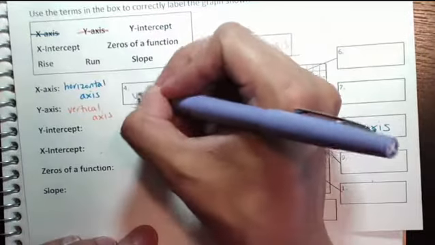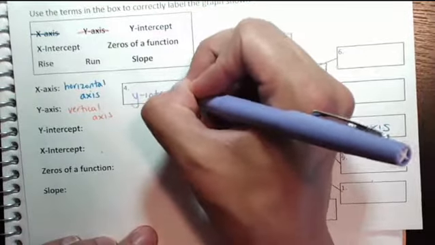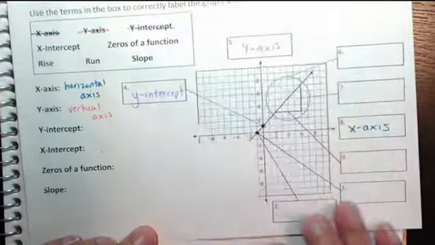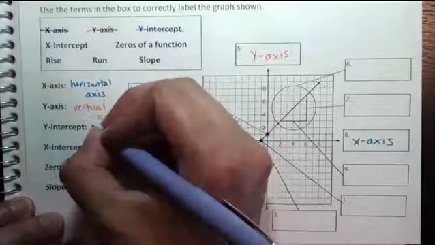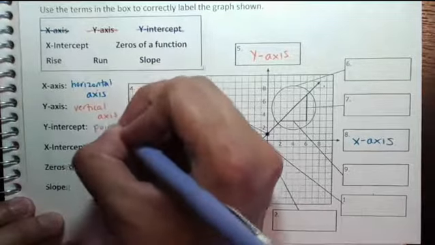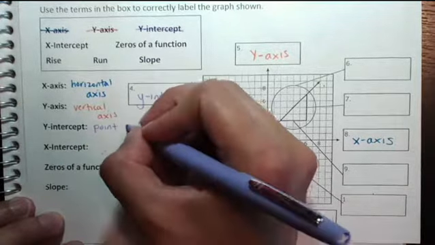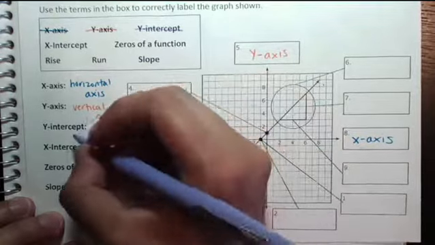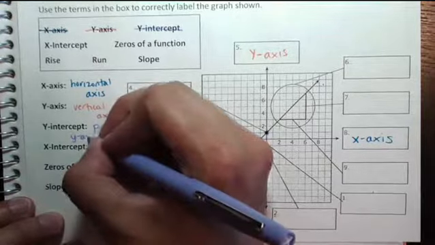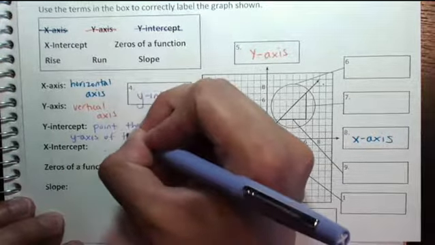So that would be considered our y-intercept. Okay, so box number 4 is the y-intercept. And just to define that, it's the point that crosses the y-axis of the function.